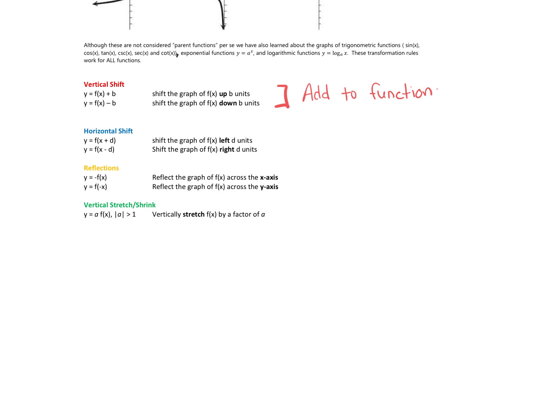A horizontal shift is when we add to the x before we apply the function. What you want to remember about your horizontal shifts is that it's opposite of what you think. So for example, if you have f of x is x plus 2 squared, it's going to be to the left 2 units.